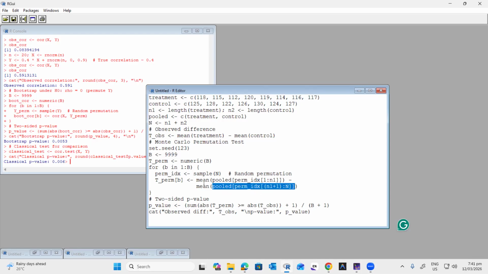After that we are going to take their differences, and that will be stored in the capital T permutation.